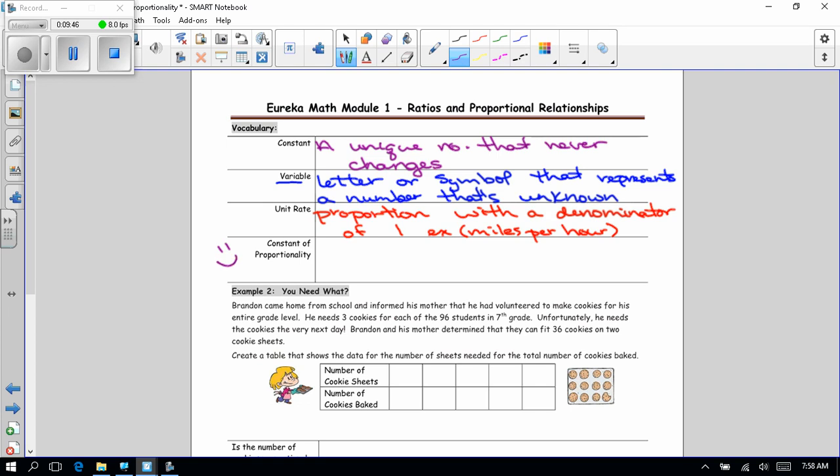The constant of proportionality is a value that represents the multiplicative, ooh, big word, multiplicative relationship between two quantities.